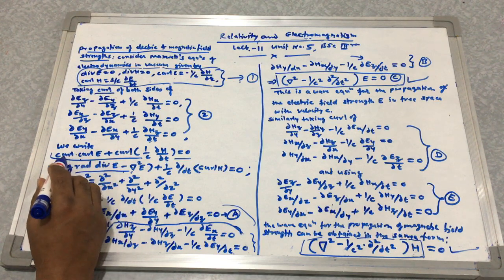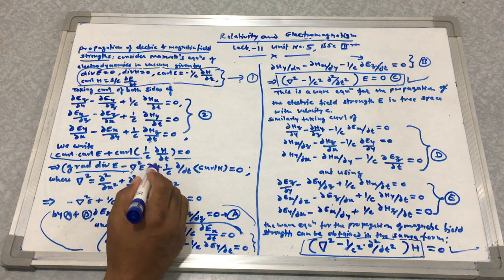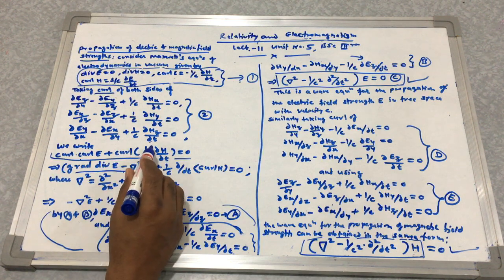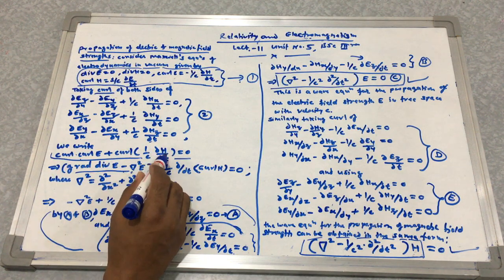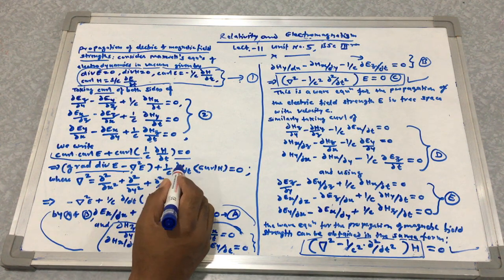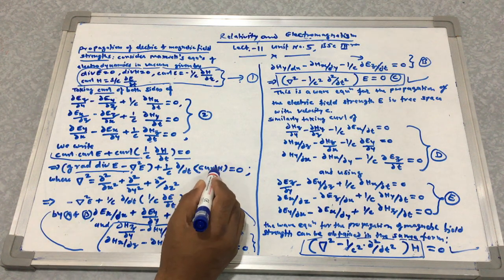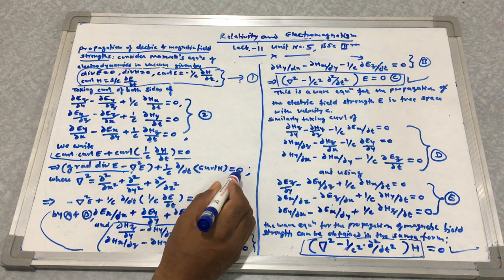This is equal to curl of curl E, plus curl of the bracket 1 upon c del H upon del t, that is equal to 1 upon c del upon del t into bracket curl H, is equal to 0.